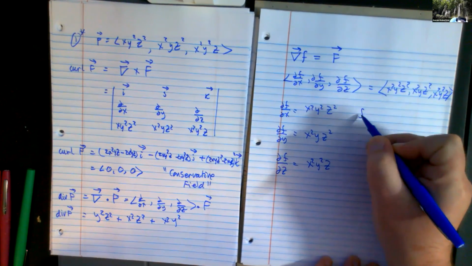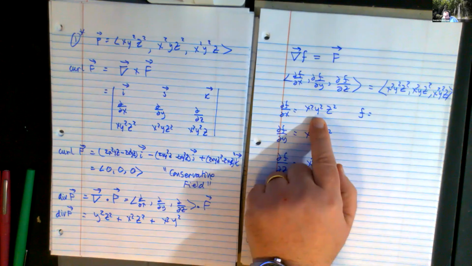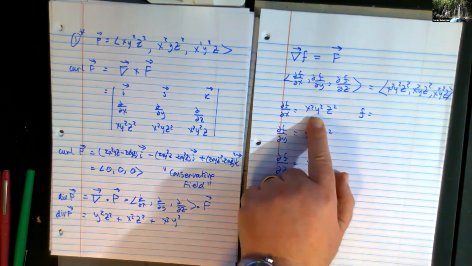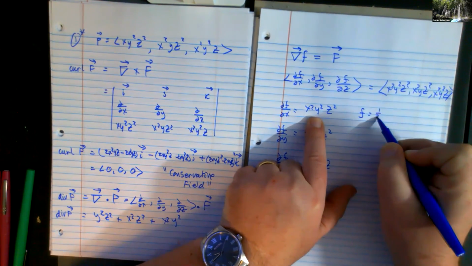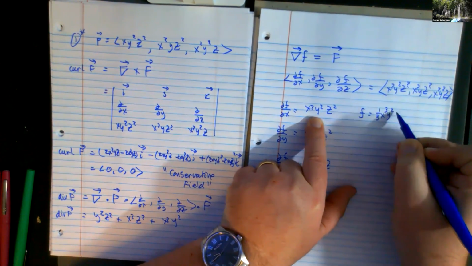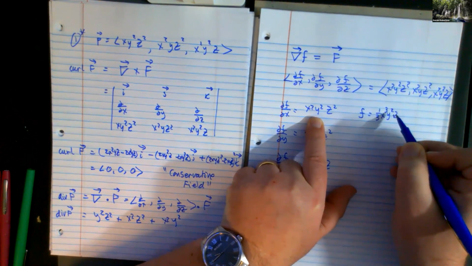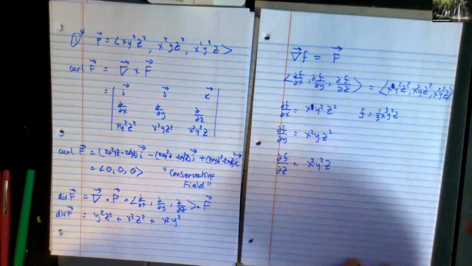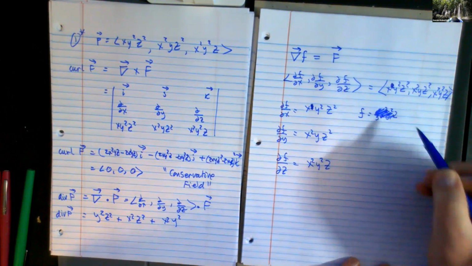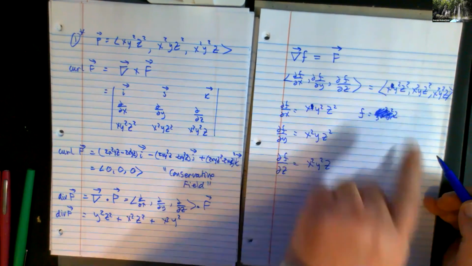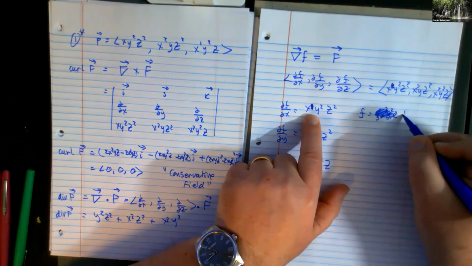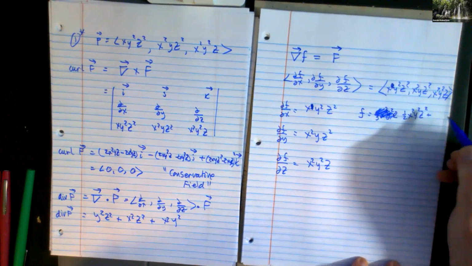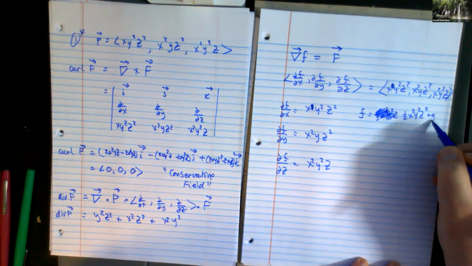So remember what we do here, don't we just integrate this with respect to x? Now, if you integrate this function with respect to x, you get 1/3 x cubed y squared. Okay, I apologize, nobody caught it. That's an x. That's just an x transferred. Same thing, but you're going to get 1/2 x squared y squared z squared plus an arbitrary constant that doesn't have an x in it.